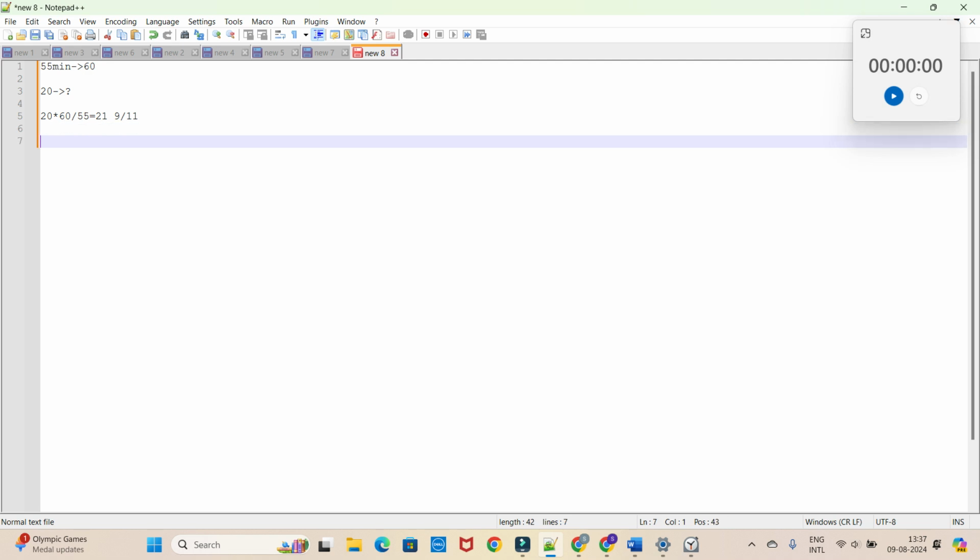That is 60 into h by 11, which is equal to 60 into 4 by 11. That would come as 240 by 11, which is equal to 21 9 by 11.